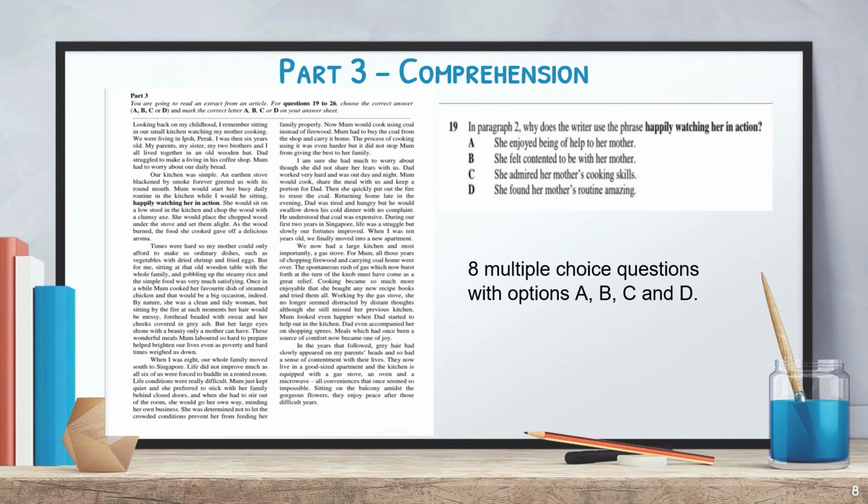And there will be 8 multiple choice questions with options A, B, C, and D. The questions are also guided, where you can look at the question and it says in paragraph 2, in paragraph 3, and so on. So it will help you to look at the relevant paragraph to locate the answer.